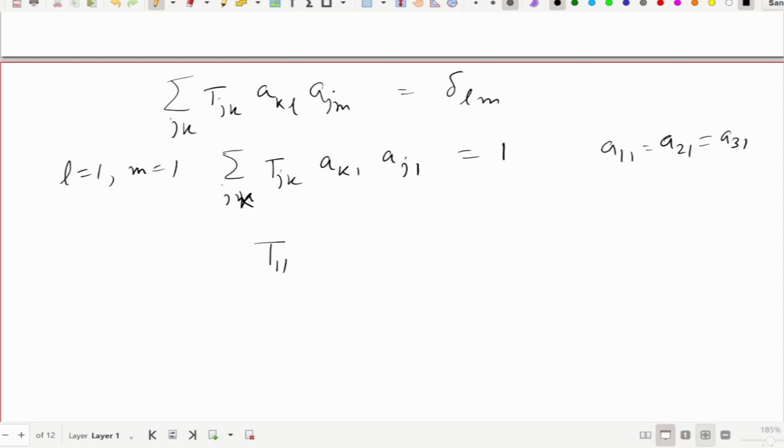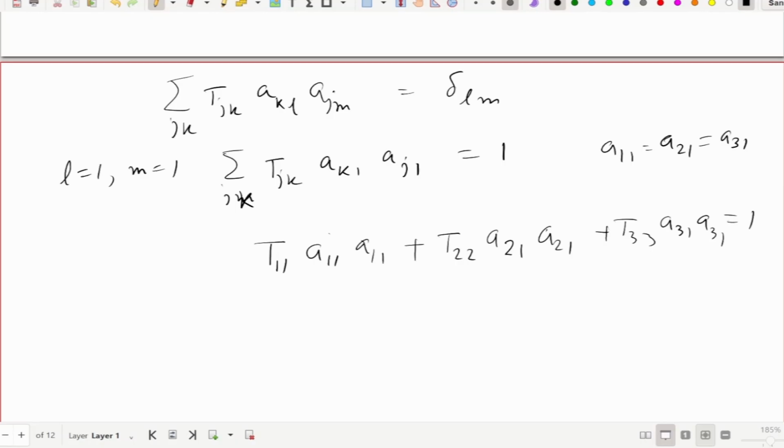So, T 1 1 is 1, so it will be a 1 1 times a 1 1, plus T 2 2 with a 2 1 and a 2 1, and T 3 3 with a 3 1 and a 3 1, and this is equal to 1.